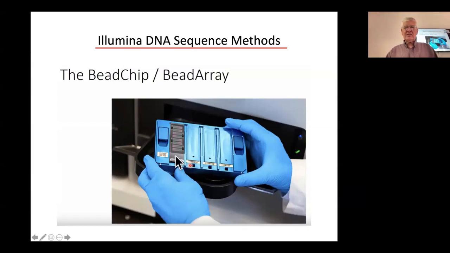And the key thing is, if you look at this little piece here, this little panel, this is called a microarray, which means it has little dots of DNA on this panel. And what's interesting is this can contain up to 1 million dots of DNA.